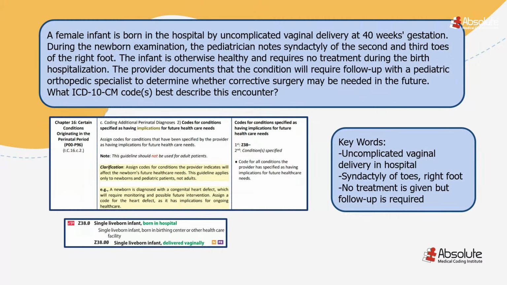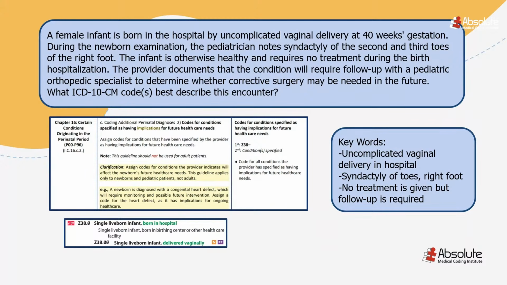And that's going to come from the category Z38.0, which is going to be single liveborn infant born in hospital. And obviously, the infant was born in the hospital because that is a keyword that we took out of this scenario. So that helps us pick our first code. Z38.00, single liveborn infant delivered vaginally.